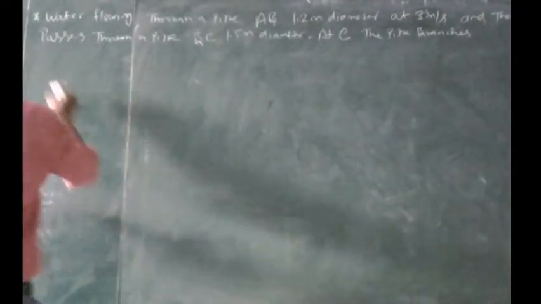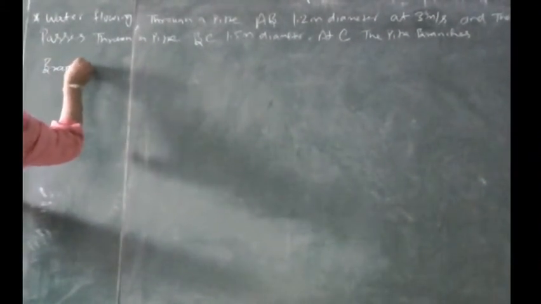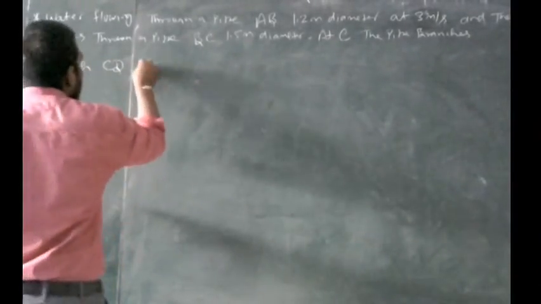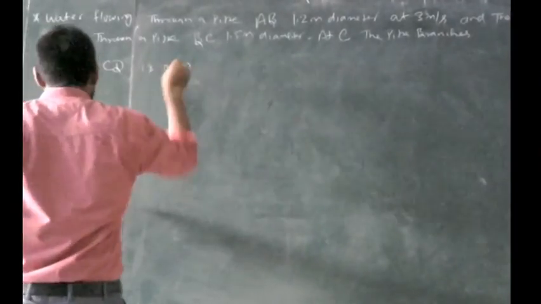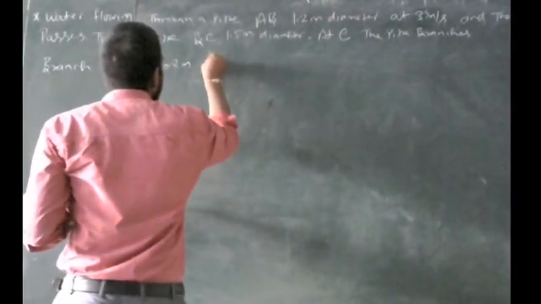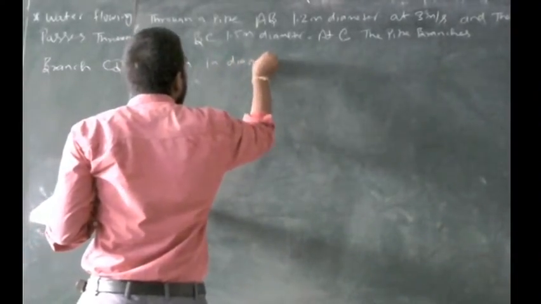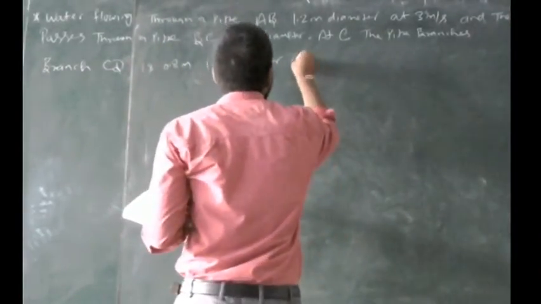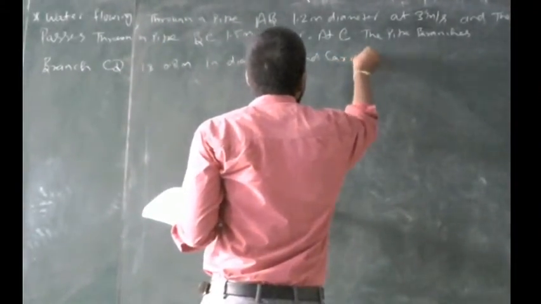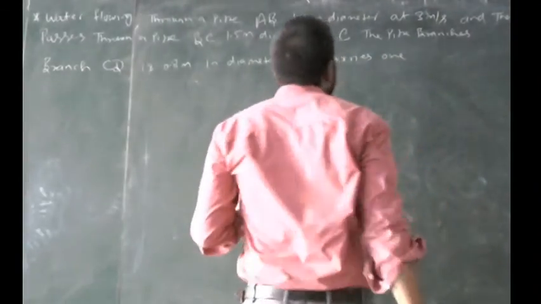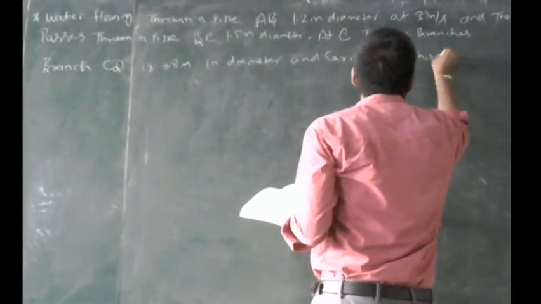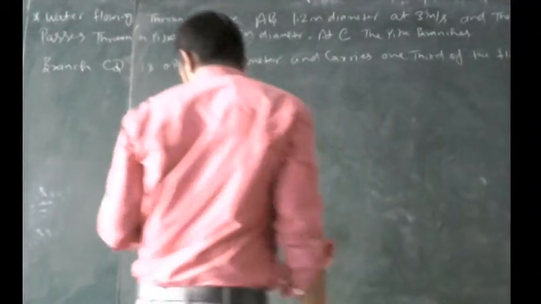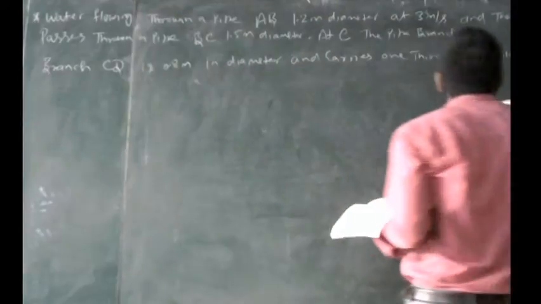Branch CD is 0.8 meter in diameter and carries 1/3 of the flow in AB.